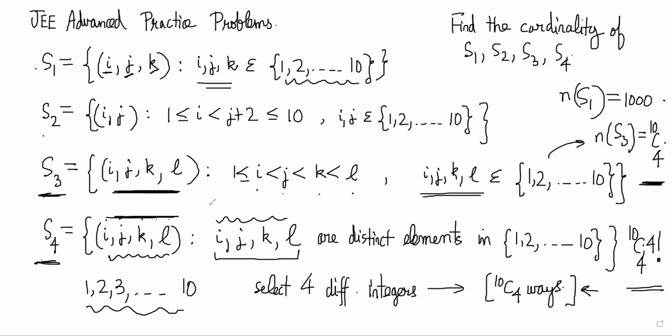In the previous problem, the order was fixed because we had to put it in ascending order, right? But this time we have 10C4 times 4 factorial because the order can be any order, right? So n(S4) basically becomes 10C4 times 4 factorial.